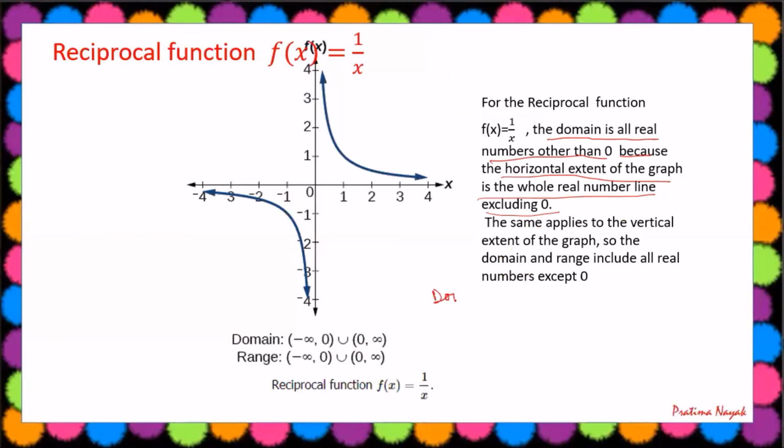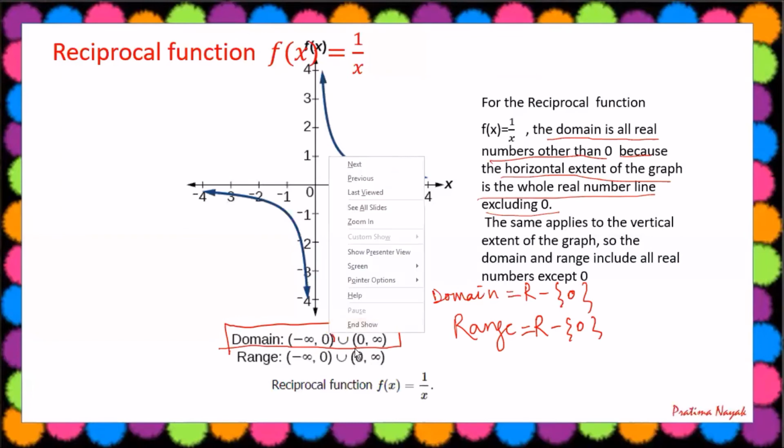So the domain is all real numbers except 0. The range is also all real numbers except 0. And please don't ignore this, this is the more useful mathematical notation. The domain is equal to minus infinity to 0, where 0 is not included, and here also 0 is not included, just after 0 up to infinity. The same thing applies to the range.